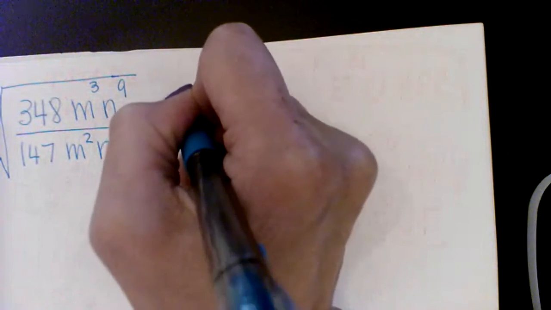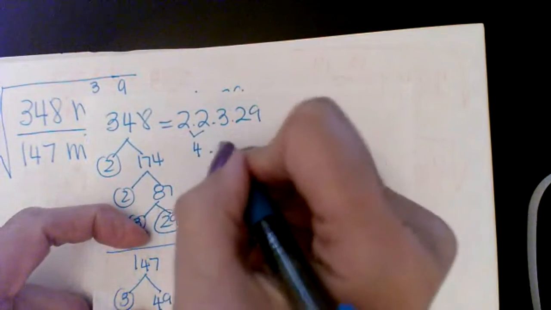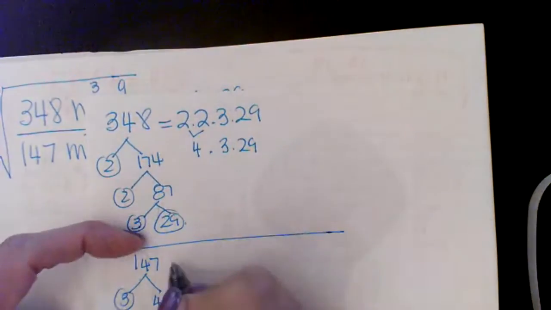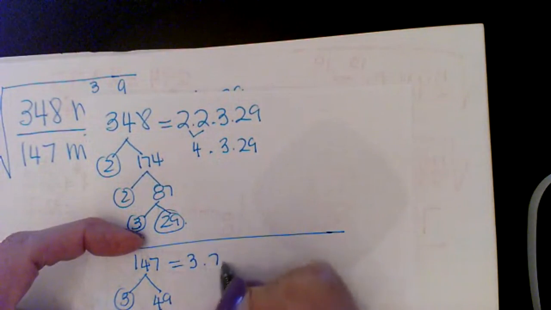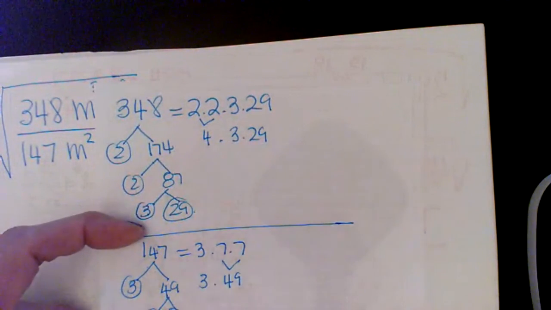So we know that this one is 3 times 4 times 29. Here it is. This is 4. Okay? And this one is 3 times 7, which is 49. All right?